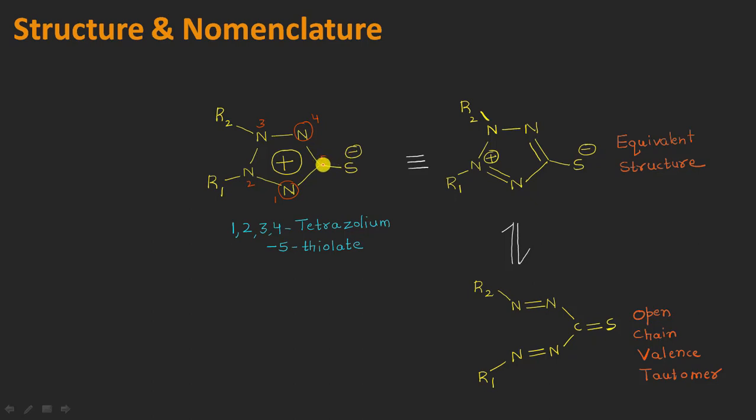It will have number 5 such that the name will be 1,2,3,4. We have 4 nitrogen atoms, so it will be a tetrazolium, and on 5, because we have a single bond sulfur negative, it will be a 5-thiolate, right?